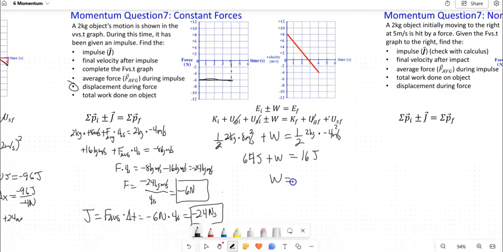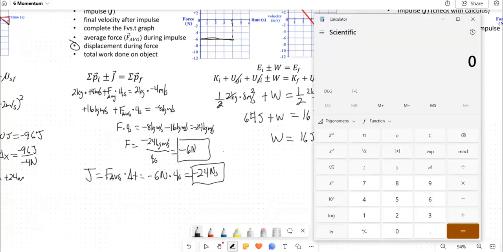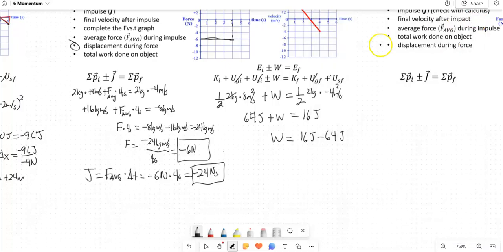So the work done is going to be 16 joules minus 64 joules, which is negative 48. I'm just kidding about a million. So the work is equal to negative 48 joules.